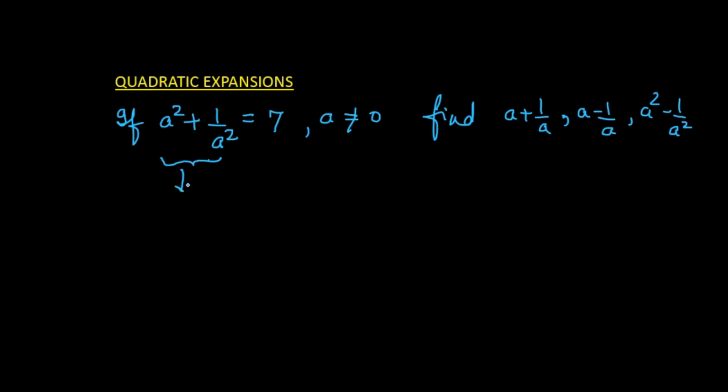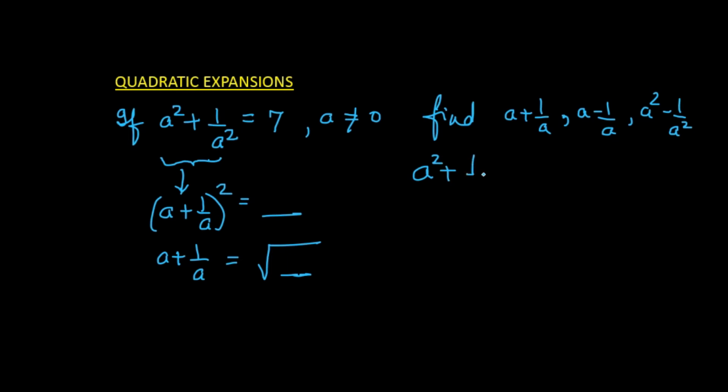If we can complete this square in the form of a plus 1 by a whole square is equal to something, then we will be able to find the value of a plus 1 by a by doing a square root of whatever we have here. Correct? So now we have a square plus 1 by a square as 7 and our aim is to complete the square like this.